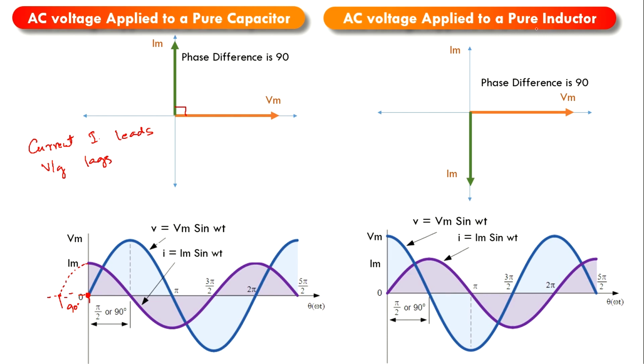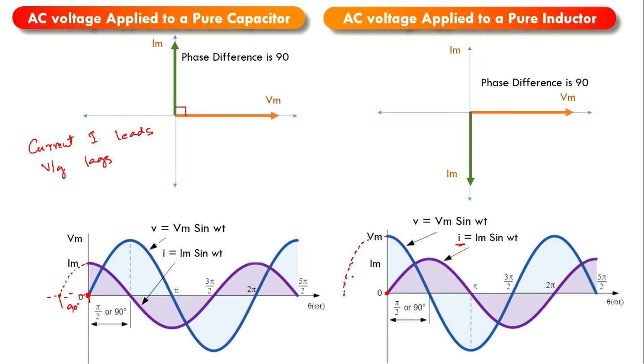Similarly, coming to the pure inductor, again I am taking the voltage across the inductor on the x-axis. If you look at the waveform, here at the origin you can see this purple line is starting. This purple line indicates the current flowing through the inductor. This blue line indicates the voltage, V is equal to Vm sin omega t. If you project it back, it again started here.